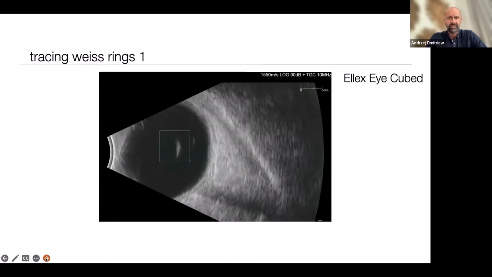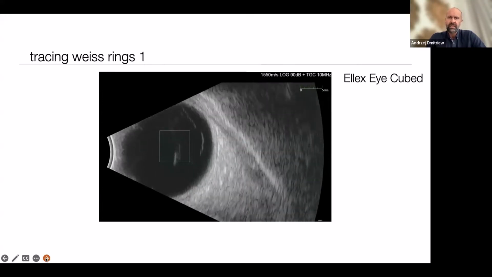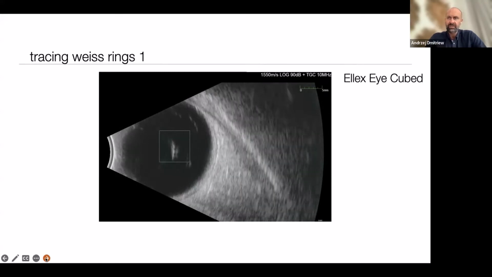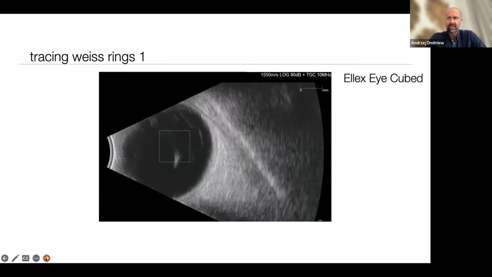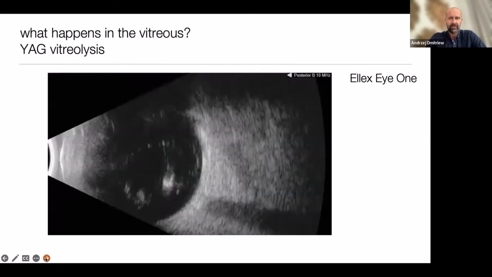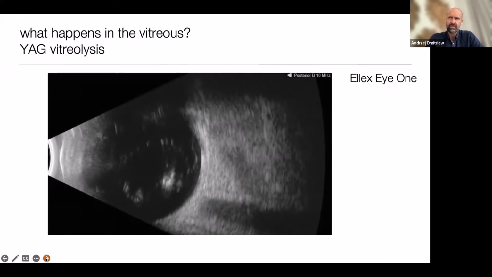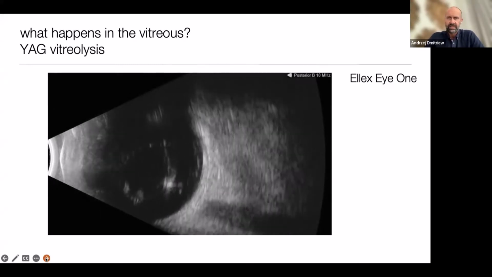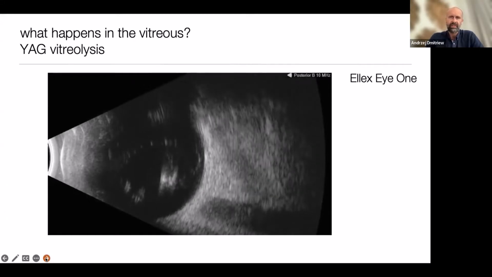Just as you can do it in this case when you try to go on with dynamic evaluation of the vitreous, not just to see the distances, but at the same time, see the mobility, see the location of the Weiss ring or any other floater. Obviously, documenting the treatment procedure itself is not something very common, but sometimes it tells you a lot about what's happening in the vitreous.